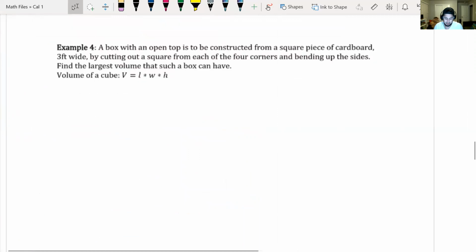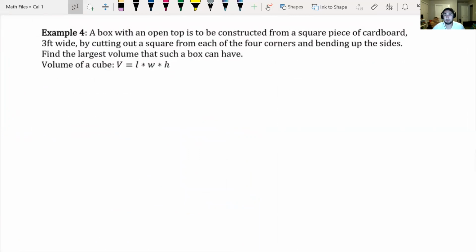All right, example 4. A box with an open top is to be constructed from a square piece of cardboard, 3 feet wide, by cutting out a square from each of the 4 corners and bending up the sides.